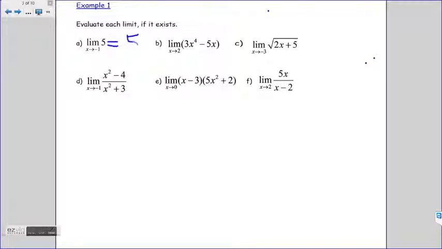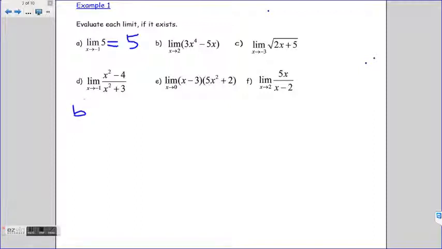Okay, so let's take a look at b. b asks us to evaluate the limit of 3x^4 minus 5x as x approaches 2. So remember that the limit of a smooth continuous function as x approaches a certain number is simply the function evaluated at that number. So the easiest way to do this, let's write this down here.